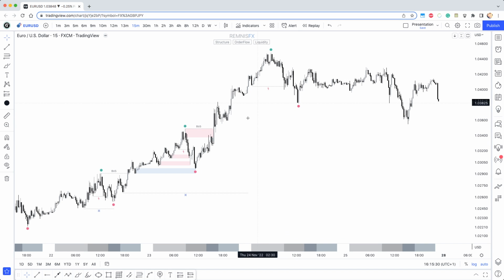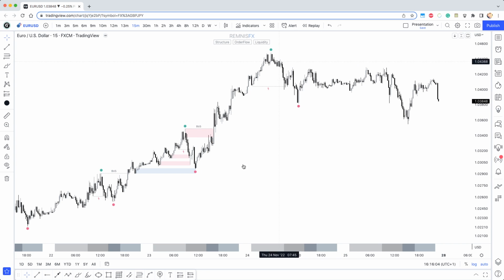Okay, so now we have identified our structure, and we did a little case study of what happened here. Let me remove these just for a minute, because here the inducement was taken out, and here also. But then what happened? This was your most recent higher high, then the inducement got taken out, but it failed to make a new higher high.